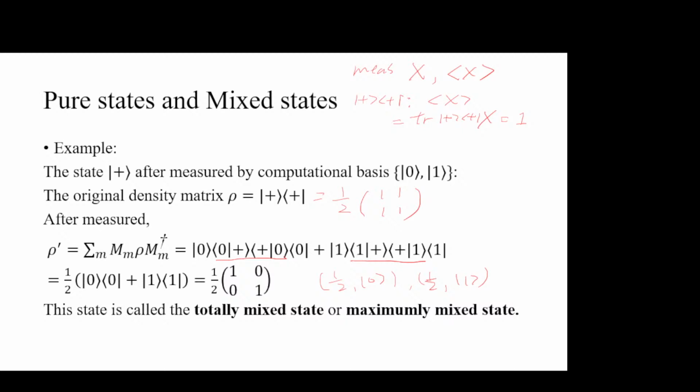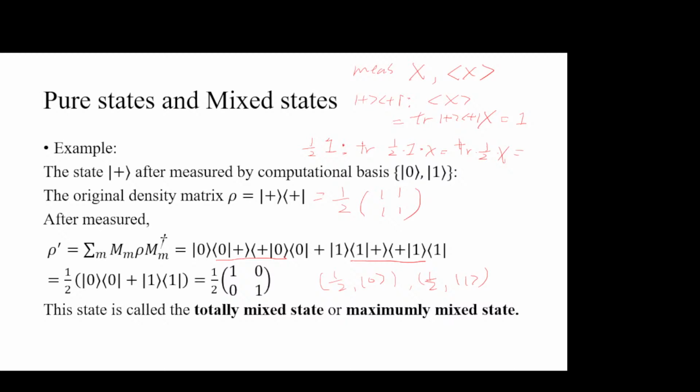Okay, and if you have the totally mixed state, 1 over 2 times the identity, then the expectation of x is equal to the trace of 1/2 times identity times x.